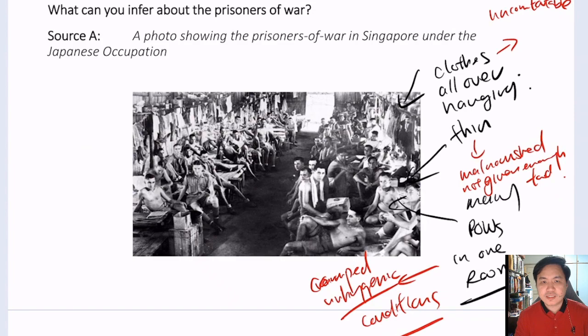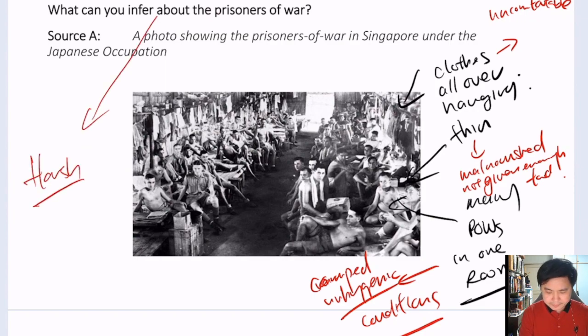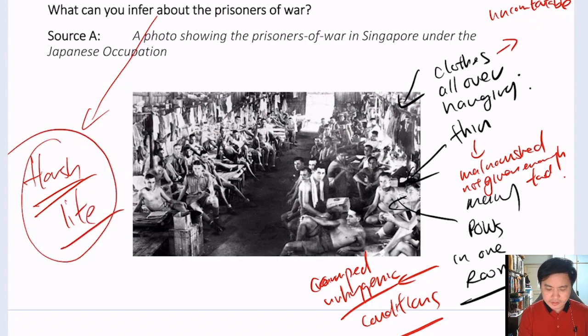Okay, so the question is, what can you infer about prisoners of war? From all these things I gather here, I will use the standard word, right? They had a harsh life. The prisoners of war had a harsh life. And how do I know they have a harsh life? It's because in their living quarters, you will see clothes hanging all over the place. You would see that they look very thin, and you will see that there are many people staying in one room. Then I'll ask you the question, so what?